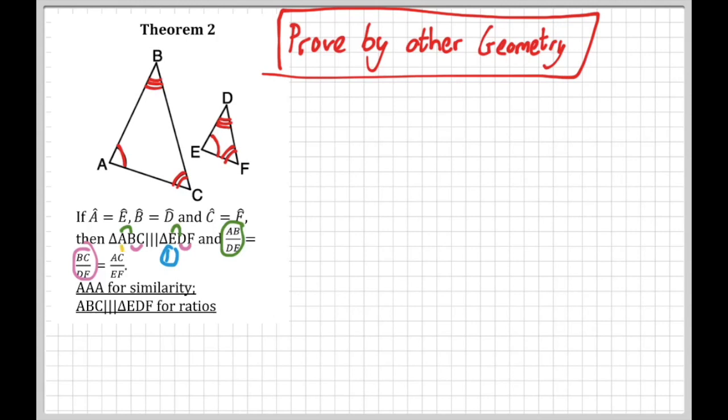But it must also be equal to 1 and 3, so AC over EF. So there's 2 things that happen when those triangles are what we call equiangular, in other words, when the corresponding angles are equal.